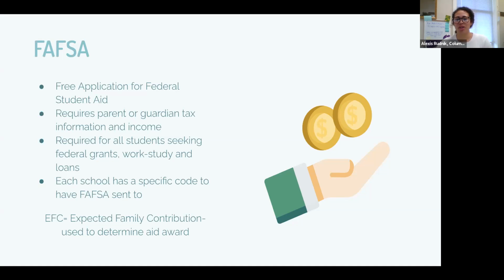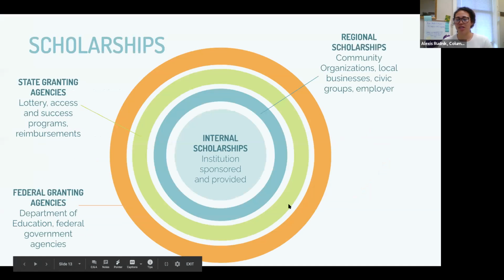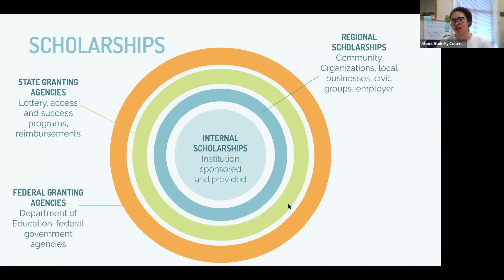But next, we're going to differentiate between scholarships. Scholarships have different types as well. There's internal scholarships, regional scholarships, and then there's more of the state and federal granting scholarships. Starting with internal scholarships, this is typically by the institution, and they may have certain endowed scholarships through their alumni network.